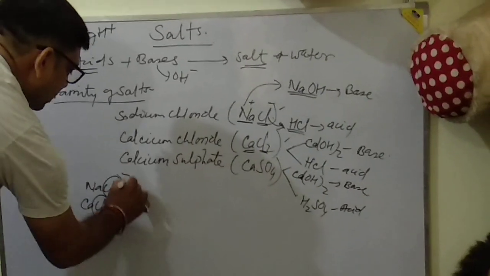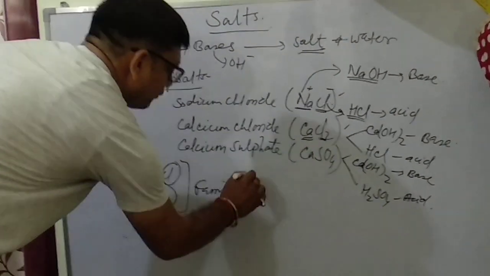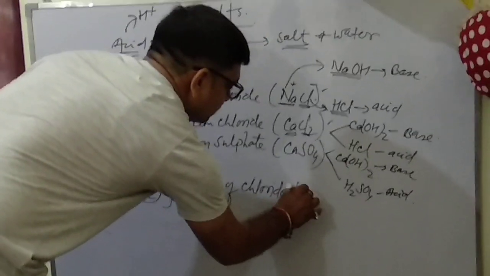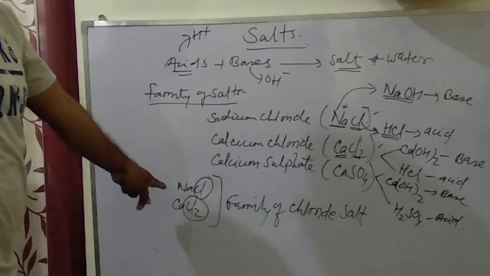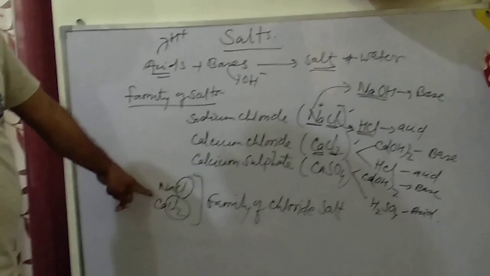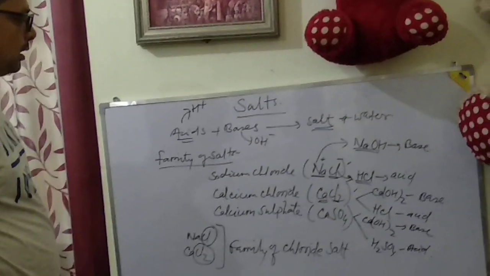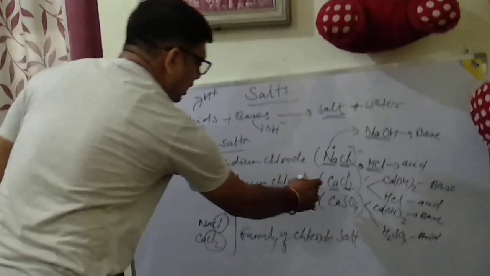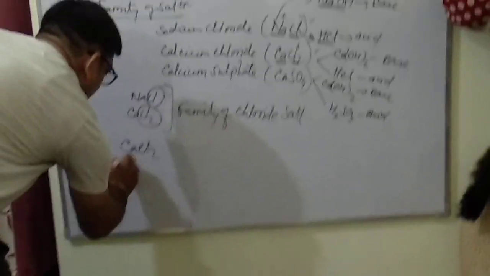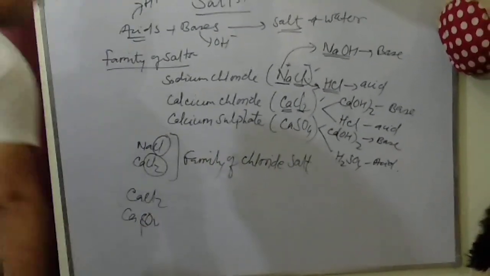So this will be the family of chloride salts. These two salts are salts of the family chloride. Clear? In the same way, if we take these two salts, CaCl2 and CaSO4, calcium sulfate.